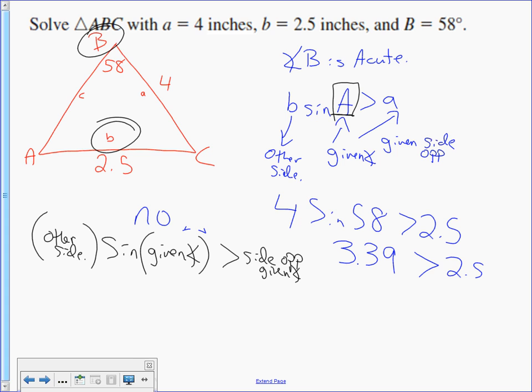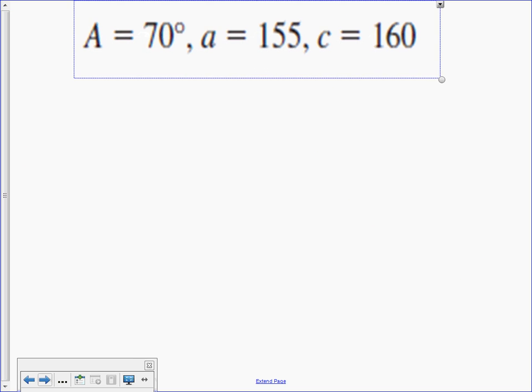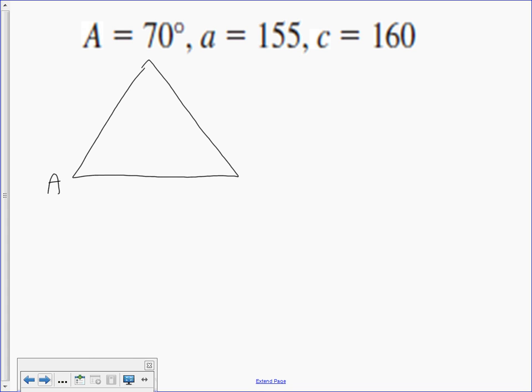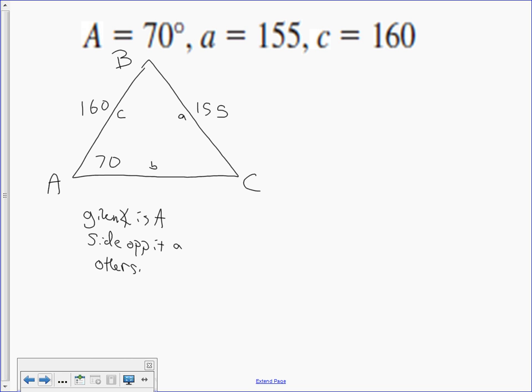Let's see here. Sometimes my given angle is A, and the side opposite it is little a, and the other side is C. So I'm labeling out the 3 possibles right away.